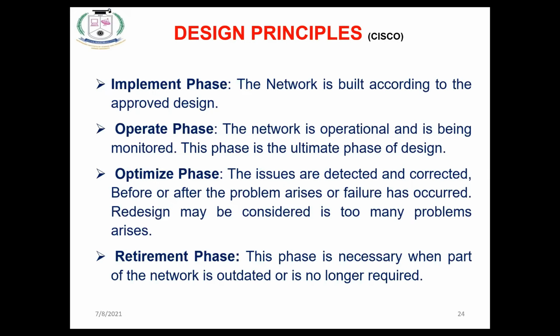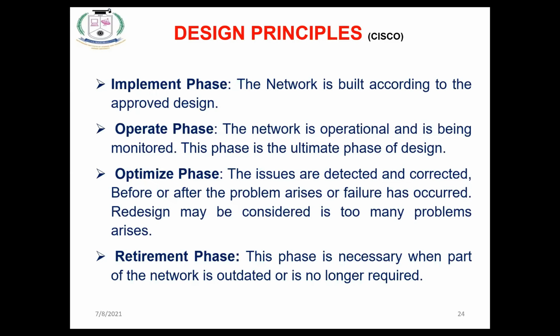Once the pilot phase is analyzed and all the faults are found, the approval will be given. Only then can the network engineer implement the network. So in the implement phase, the network is built according to the approved design. Once the design is approved by the committee, the operate phase comes into the picture.